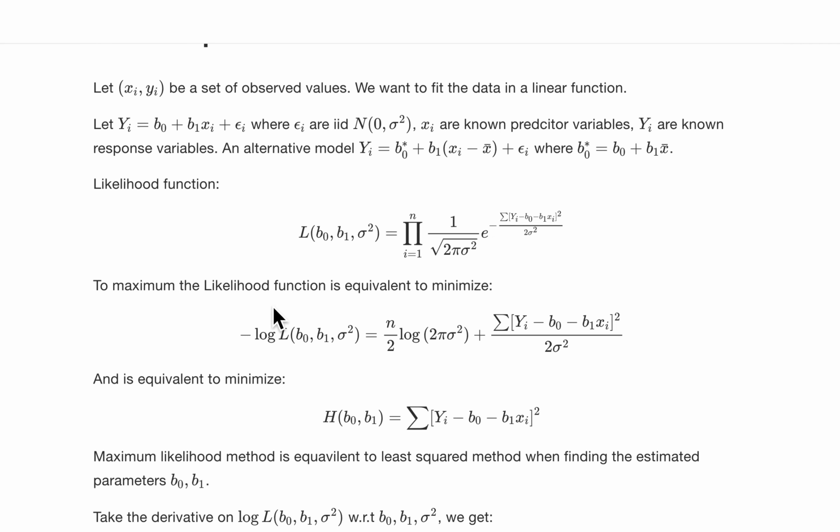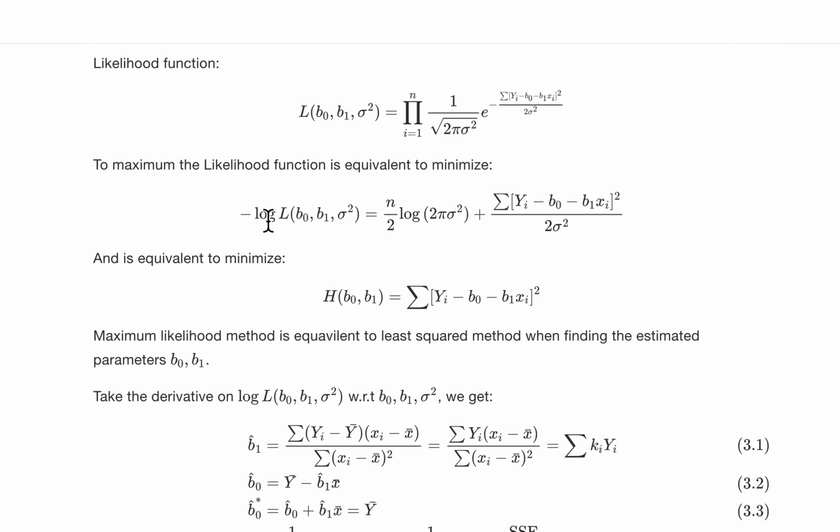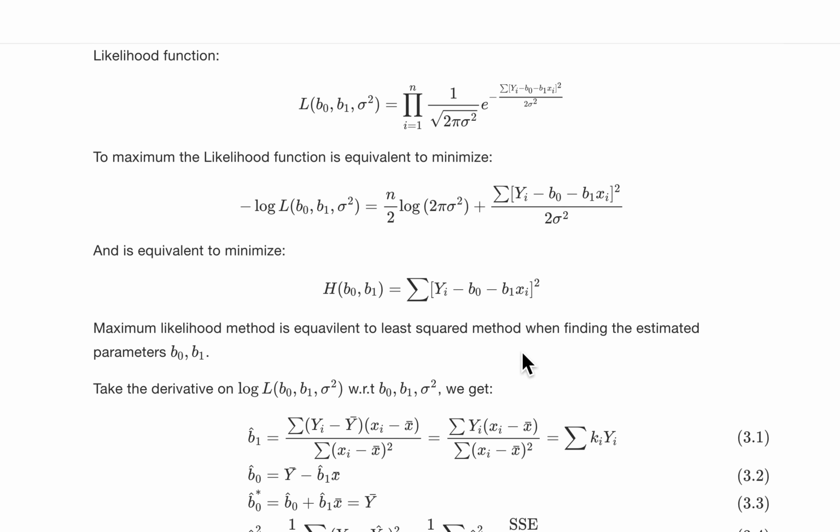Then we use the maximum likelihood function to find the estimates of b0 and b1, and it's actually equivalent to minimizing a quadratic form, which is the least squares. So basically, the maximum likelihood estimations for b0 and b1 are the same as the least squares estimations.